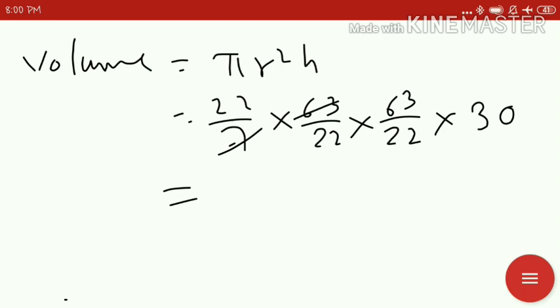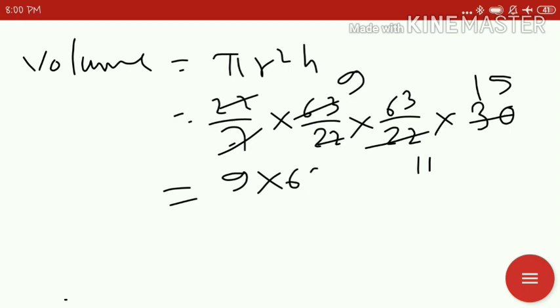Now if we cancel 9, 22 should be cancelled, 2 11 and 15. Now multiply 9, 63 and 15. You will keep it in that way, 9, 63 and 15.